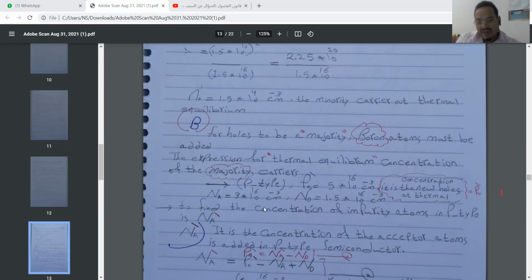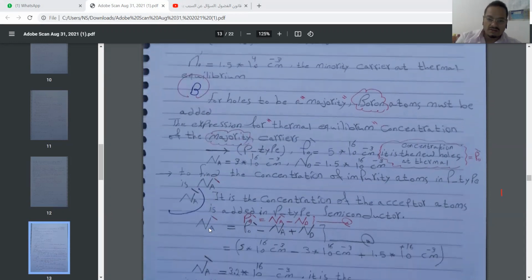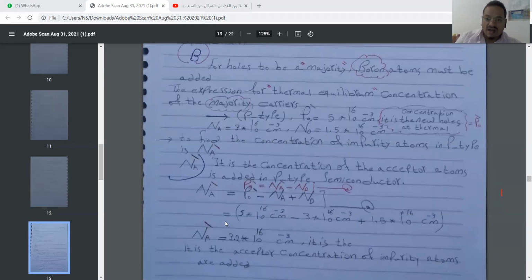Okay, we have Na, we have Nd results. To find the concentration of impurity atoms in p-type is Na prime. Like I said before, Na is the concentration of the acceptor atoms. We can say the new concentration of the acceptor atoms will be more appropriate, the amount added in the p-type semiconductor.